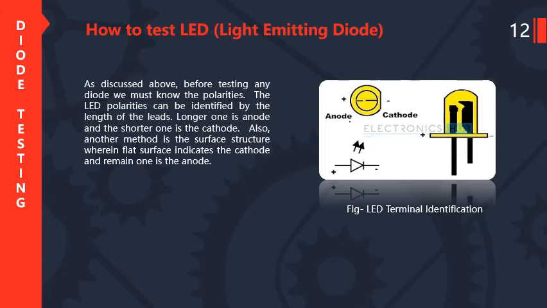The next one is a symbolic representation of the LED, light emitting diode, and the third one is a practical or physical diagram of the LED. The longer lead is represented as the anode and the shorter lead as the cathode. So by using this we can easily identify which terminal is the anode and which one is the cathode.